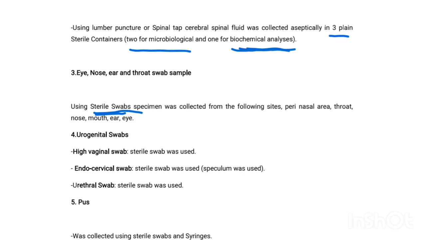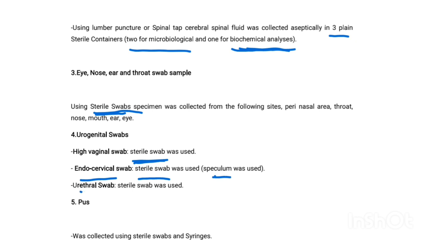We use a sterile swab to collect the vaginal swab. Then for the endocervical swab, we also use a sterile swab and a speculum.